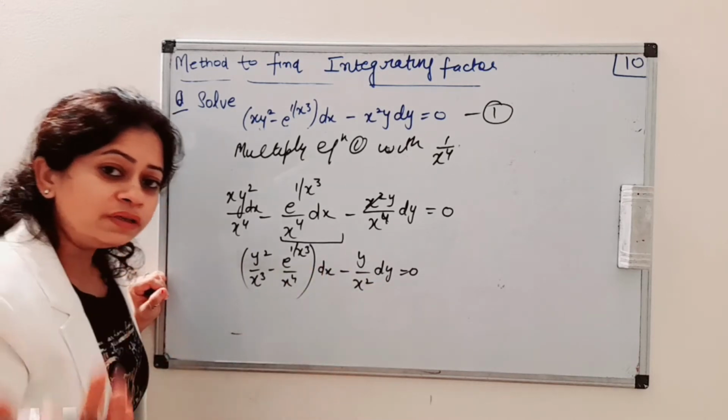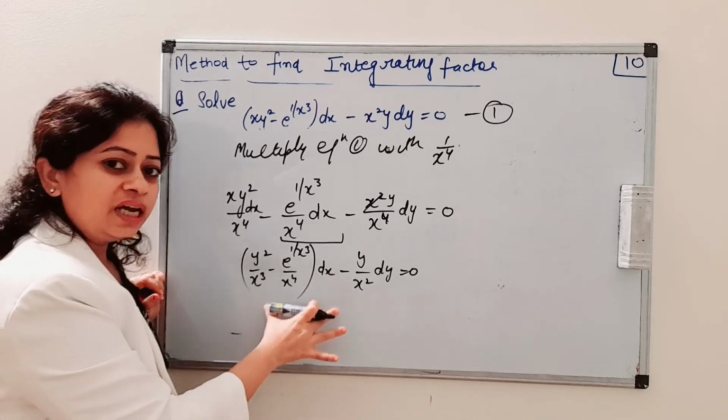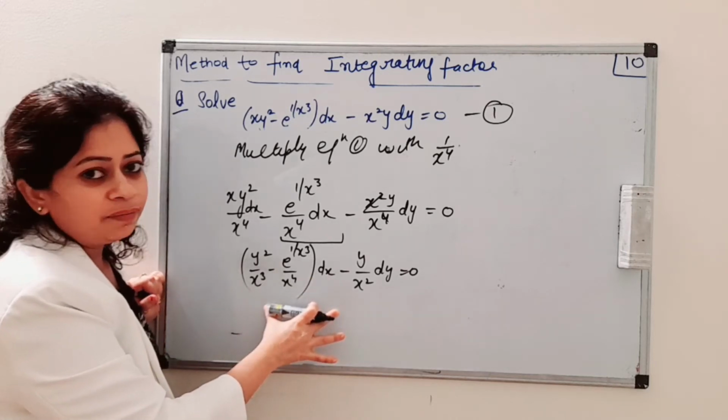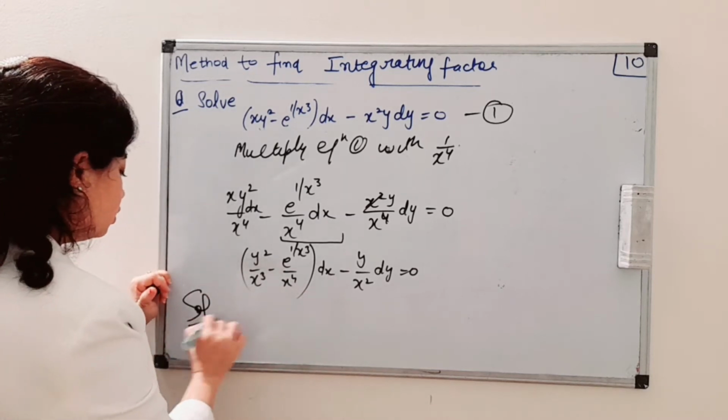Now how do we solve when the differential equation is exact? So this is exact. You can check it by finding ∂M/∂y and ∂N/∂x. They will be equal. Now what is the solution?